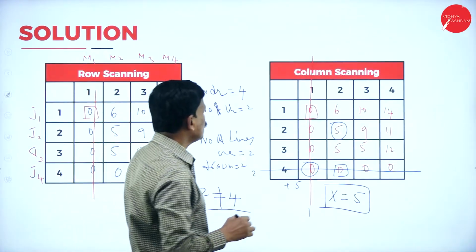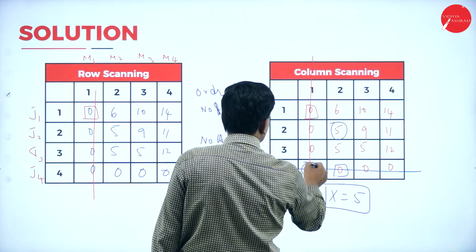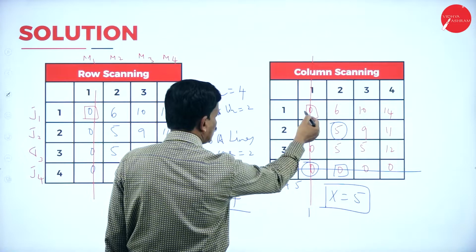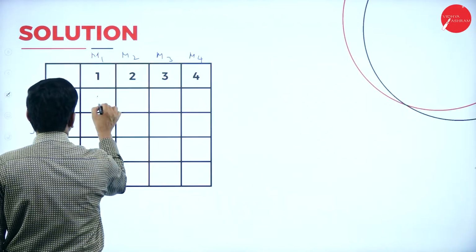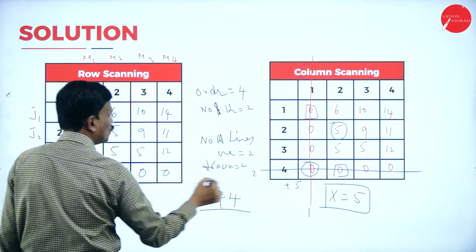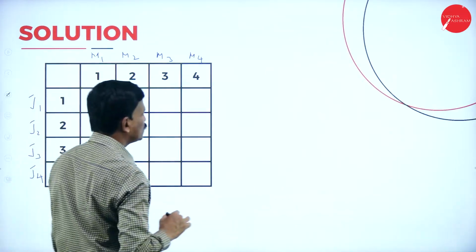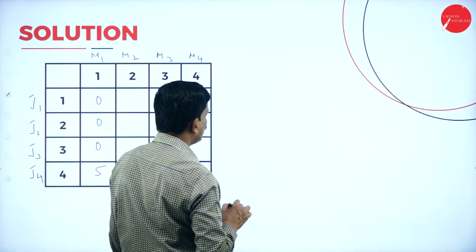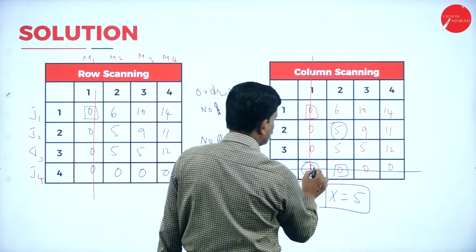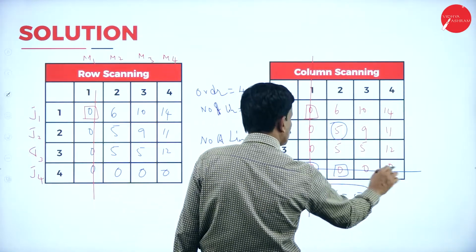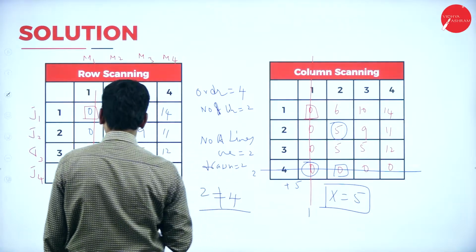Let me write down these values first. I am going to add 5 here and the remaining are the same, 0, 0, 0. If I add 5, we will get 5 here, since only this point is the intersection of the lines, and these are all 0, 0, 0 as they are.